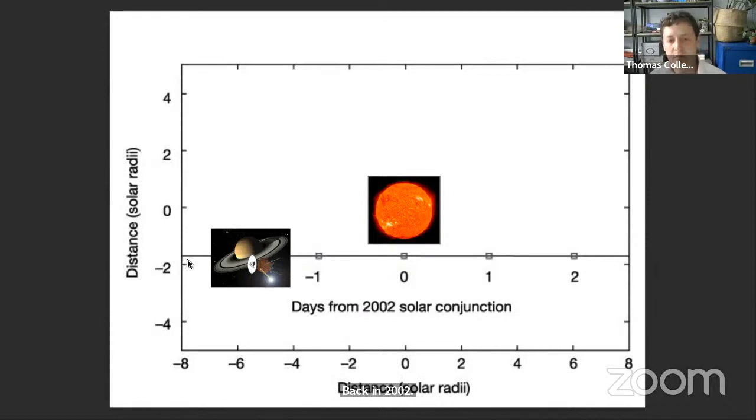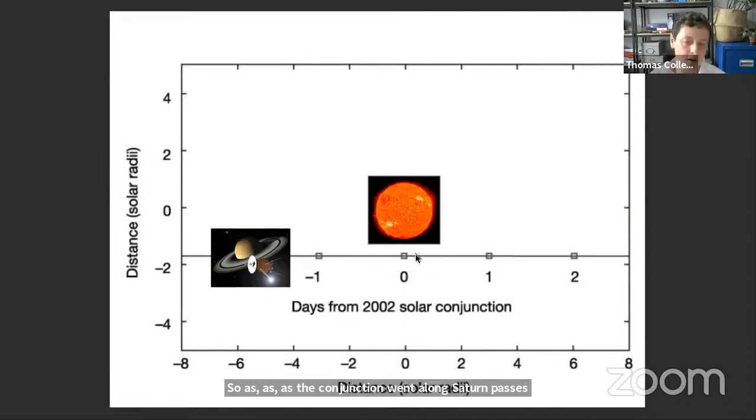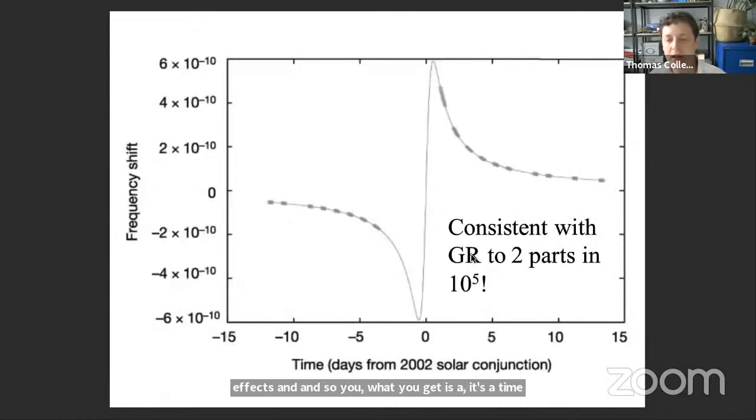So as the conjunction went along, Saturn passes along this line with the Cassini probe getting ever closer to the solar limb until it starts to move away. And what that means is that as the light is traveling closer and closer to the solar limb, it's feeling stronger and stronger general relativistic effects. And so what you get is a time delay introduced by general relativity.